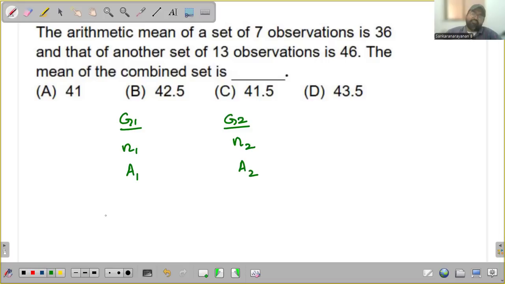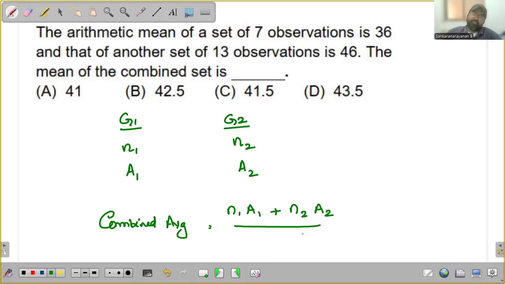The combined average will be N1 A1 plus N2 A2, whole divided by N1 plus N2. That is, the sum of all observations divided by the total number of observations. We also call it the weighted average.